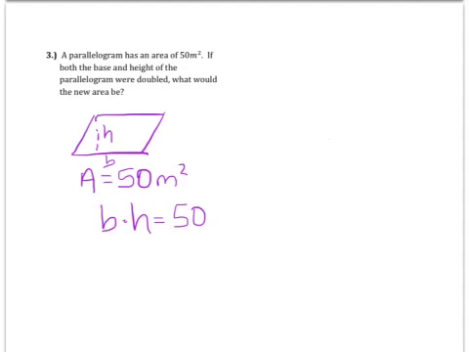Well, what would happen to the area if the base and height were doubled? Okay, so what would happen if they were twice as big? What if the base were doubled and the height was also doubled? What would happen to the area?